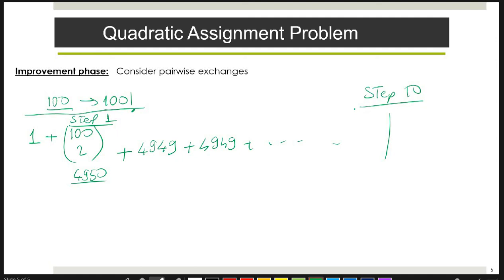So what will be the total number of alternatives you try? 4,949 multiplied by 9, plus 4,951, and it will be 49,492. With the heuristic you are trying this many alternatives.